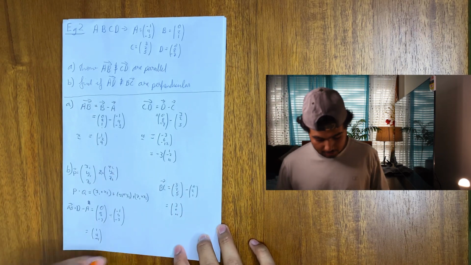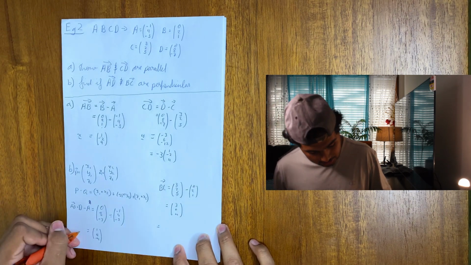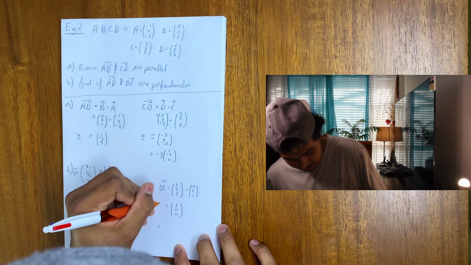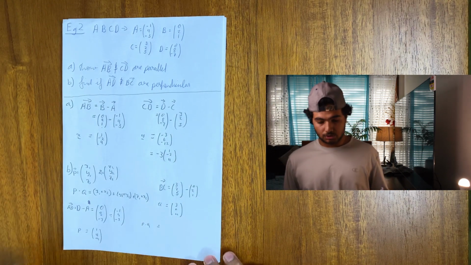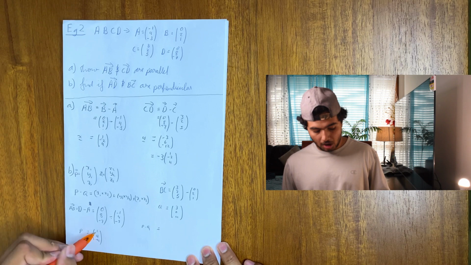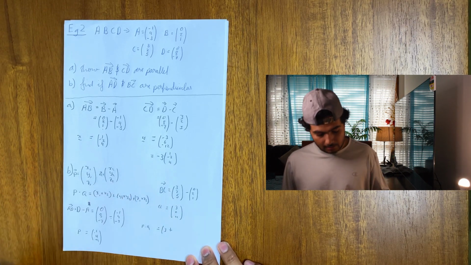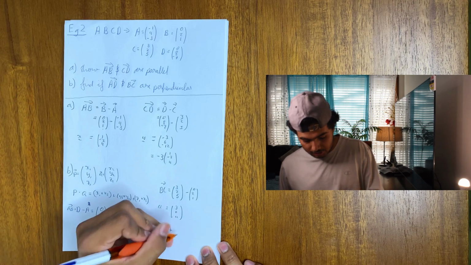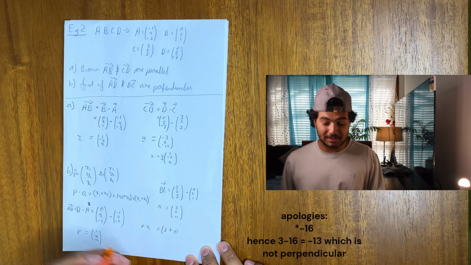Now we take the dot product of this, and we'll denote this as P and this as Q. So P dot Q equals 1 multiplied by 3 is 3, plus 4 multiplied by 0 is 0, plus negative 4 multiplied by 4 is minus 16.